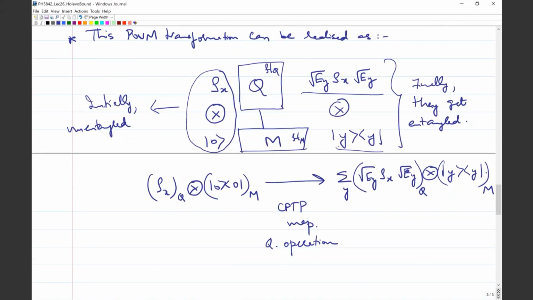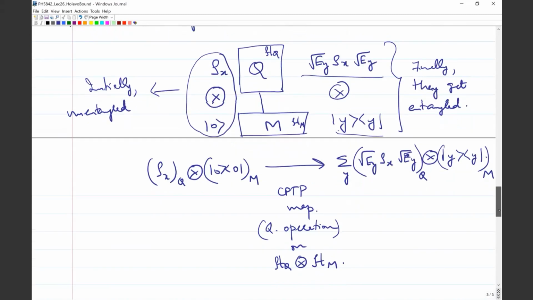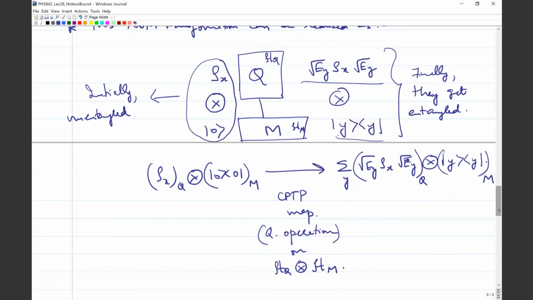on this joint Hilbert space Q and M, right? And what are the Krauss operators of this quantum operation, or what are the Krauss operators of the CPTP map? So notice that what is happening to the measurement device is basically it's starting at 0, and then the y index we said goes from 0 to m minus 1.